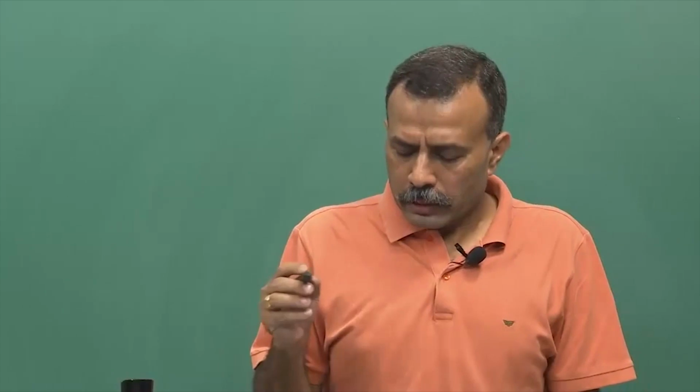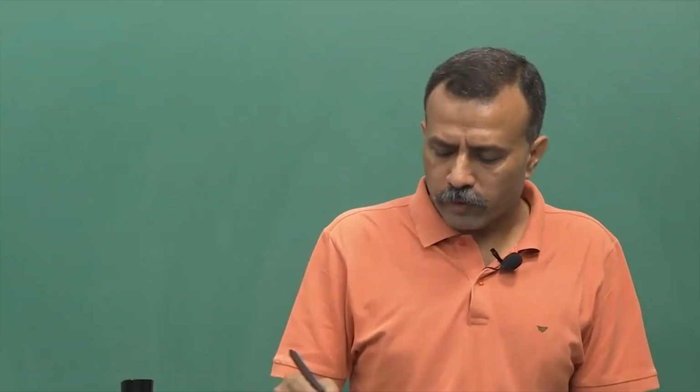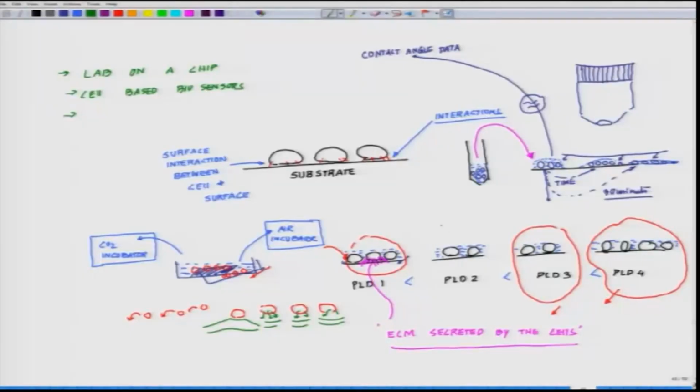Okay. So now we talked about the interaction which is possibly happening between poly-D lysine and collagen, poly-D lysine and the cells which are present there. And so there are two levels. Just to enumerate again, there is a cell out here and a substrate out here.